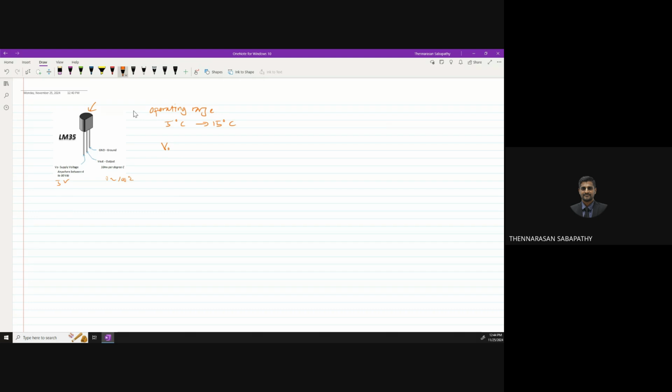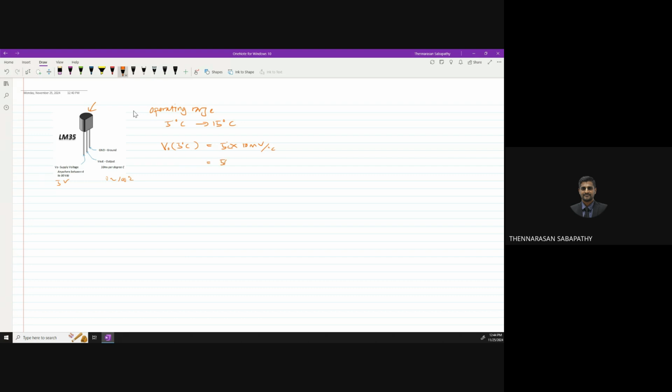Vout at 5 degrees Celsius is just 5 times 10 millivolt. You have per degree Celsius here and degree Celsius here, so this will be cancelled, but if you want to write 5 times 10 milli, that also works.